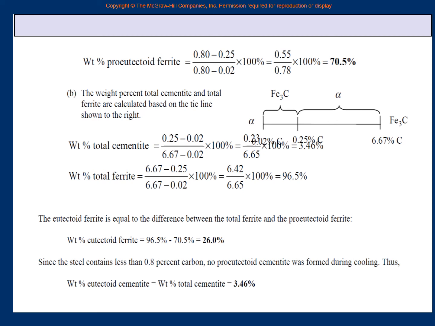When you are exactly on 723, just above it or just below it, then 0.02% on the left is definite, 0.8% here is definite, 6.67. So here you don't have to roughly read. Here the compositions are exact, right? This 0.02, this 0.25, this 6.67 or this 0.8, they are exact. So the answers are very, very exact, right?